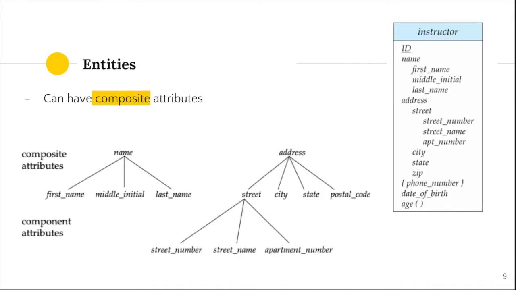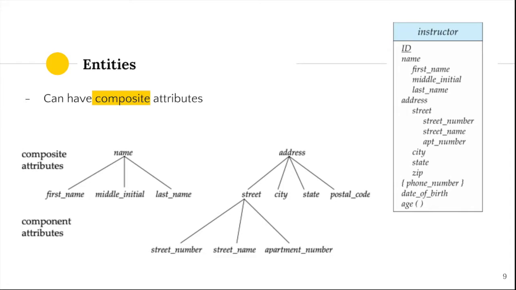Sometimes we have characteristics that can be decomposed further into component attributes. These particular attributes are called composite attributes. For example, we have the name, and then the component attributes are the first name, middle name, and last name.